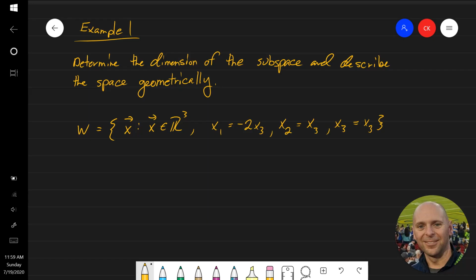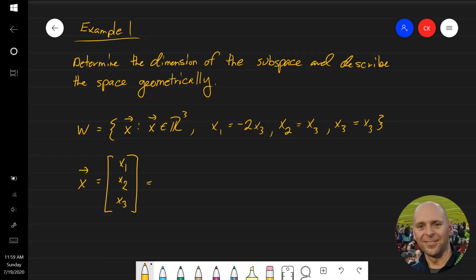In order to figure out the dimension of this particular subspace, we first describe it and then write it in vector form. Once we know how many vectors are in the vector form, we can determine its dimension. So any vector x in this space comes out of R3: x1, x2, x3.